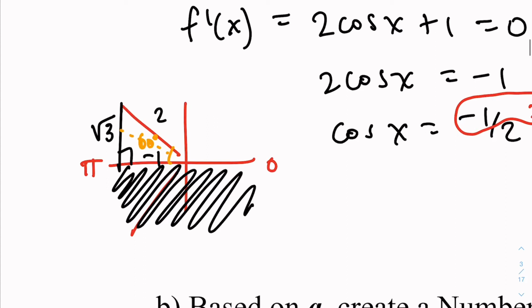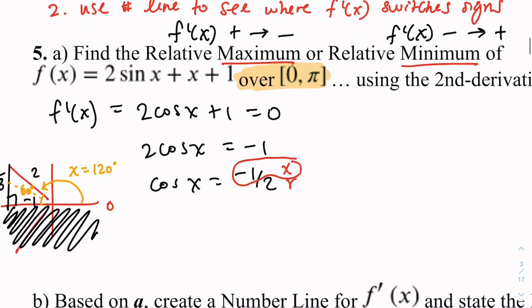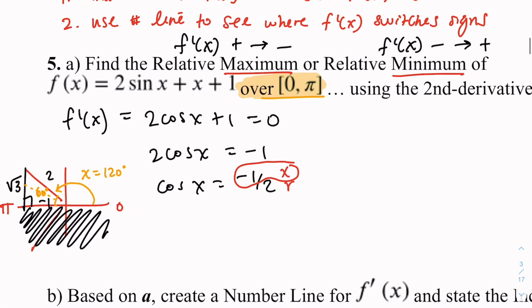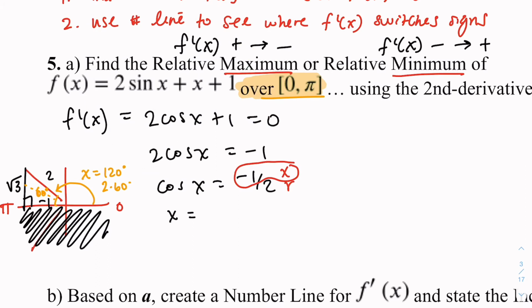So if our reference angle is 60 degrees, that means this entire angle is 60 degrees less than 180, or 120 degrees. Now, degrees are fine except they're asking us to deal in radians. So 120 degrees is the same as 2 times 60 degrees, which is 2 pi over 3. So remember, pi over 3 is 60 degrees, and we need that twice.